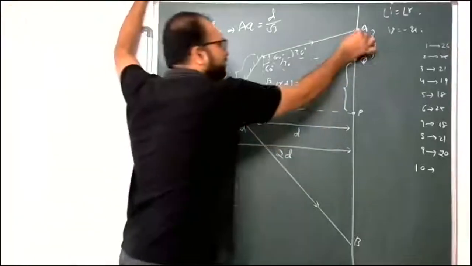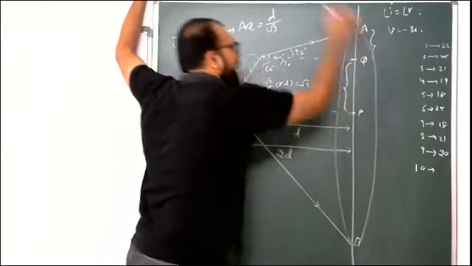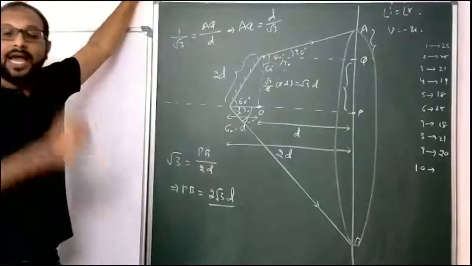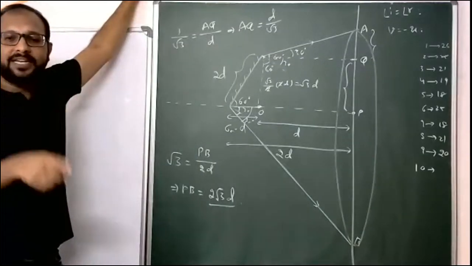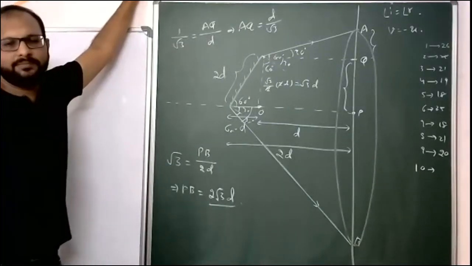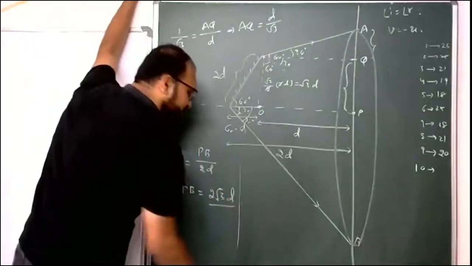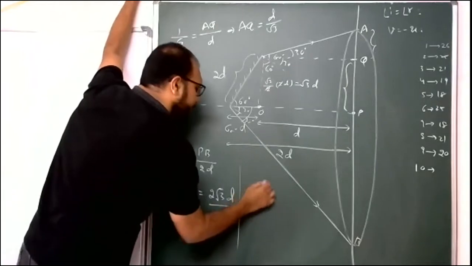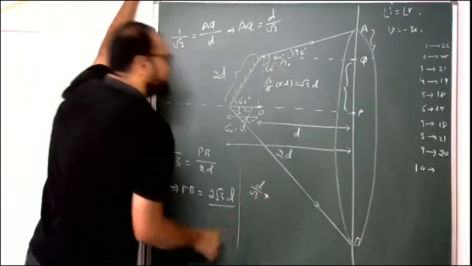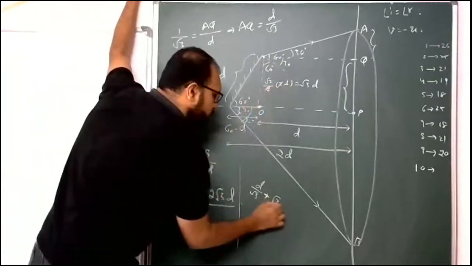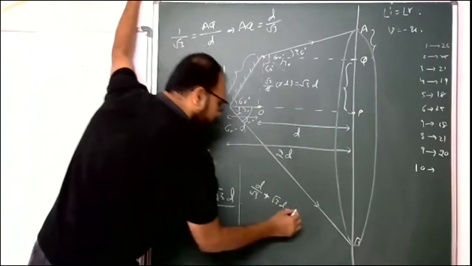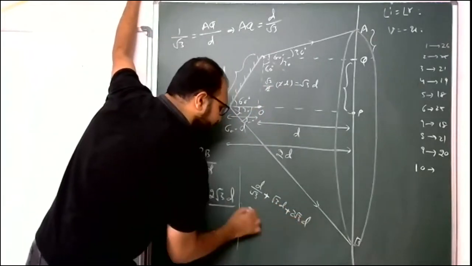So total from here to here is the active region. Here I also used angle of incidence equal to angle of reflection. So the total active region distance is D by √3 plus √3D plus 2√3D.